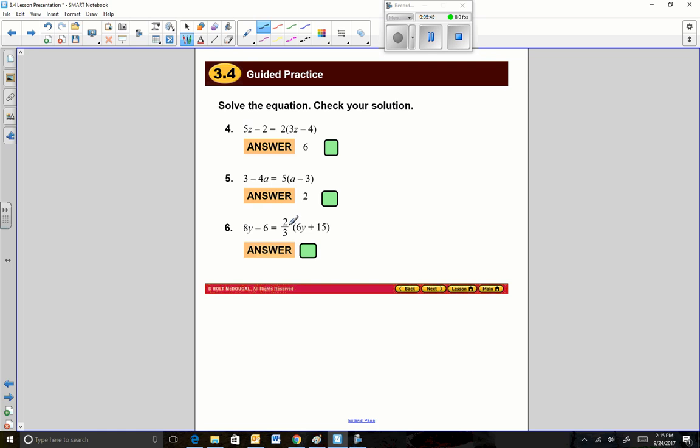When I take 2 times 6, I get 12. 12 divided by 3 is 4, so I get 4y. 2 times 15 is 30, and then divided by the 3, I get 10. So if I do 2/3 times 6, I get 4y, and 2/3 times the 15, I get 10.